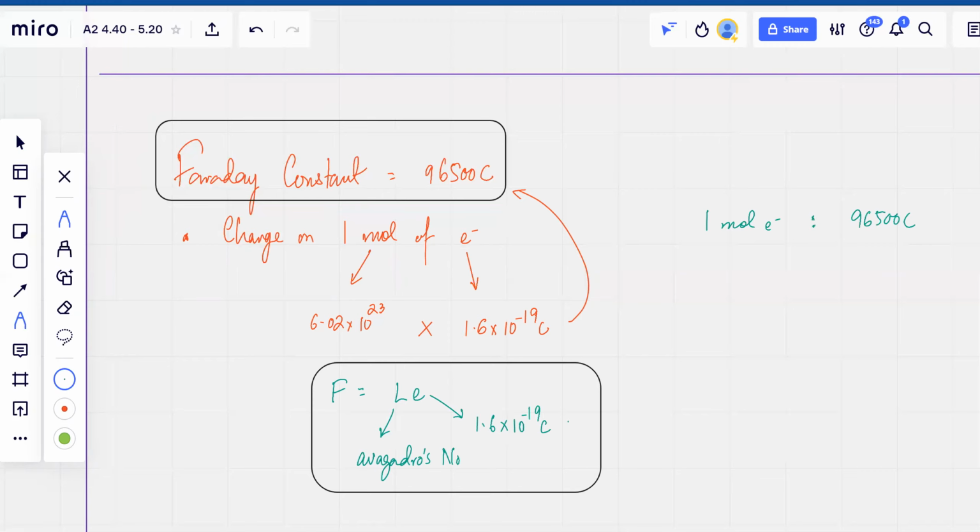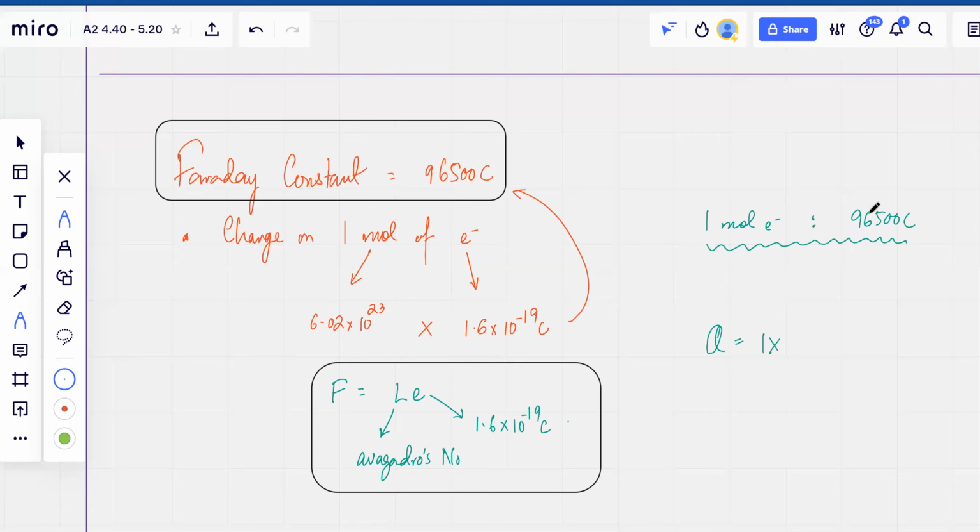Using this ratio, if you've got charge, you can figure out the moles of electrons, and if you know the moles of electrons traveling through the circuit, you can figure out the charge. Another formula that usually goes with this is Q is equal to I t, which you already did in physics.